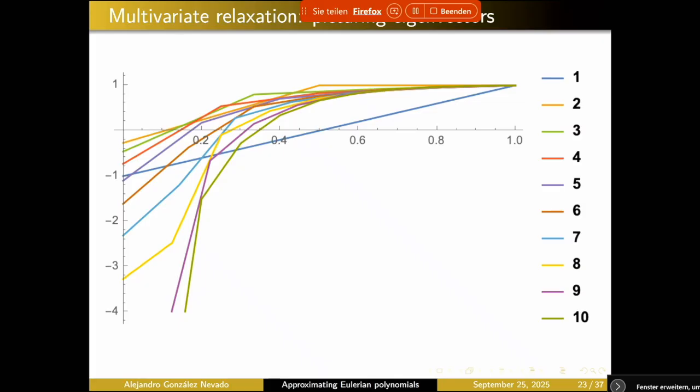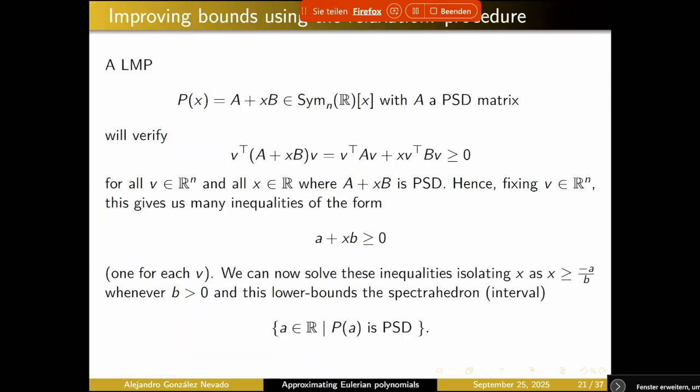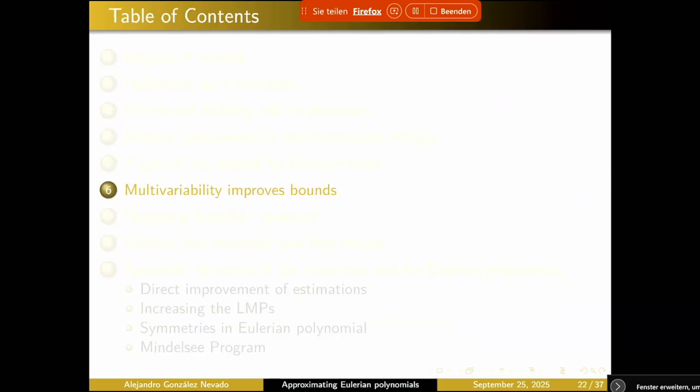You start at 0, then take 1 divided by n, till n divided by n, right? And then in each of these entries, you put the entry of the computed generalized eigenvector for this generalized eigenvalue problem. And this is how you generate this graphic.